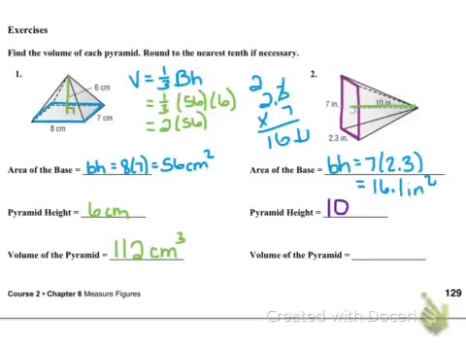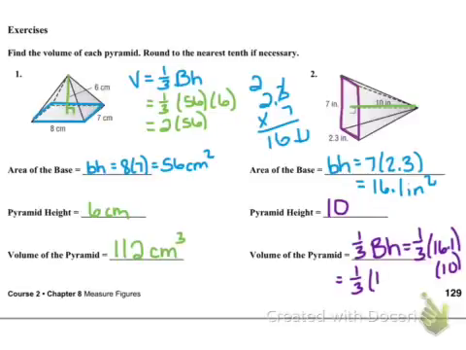I've got a height of 10, and to find the volume, that's 1/3 the area of the base times the height. So 1/3 of 16.1 times 10. I'm going to do 16.1 times 10 first, which is 161.